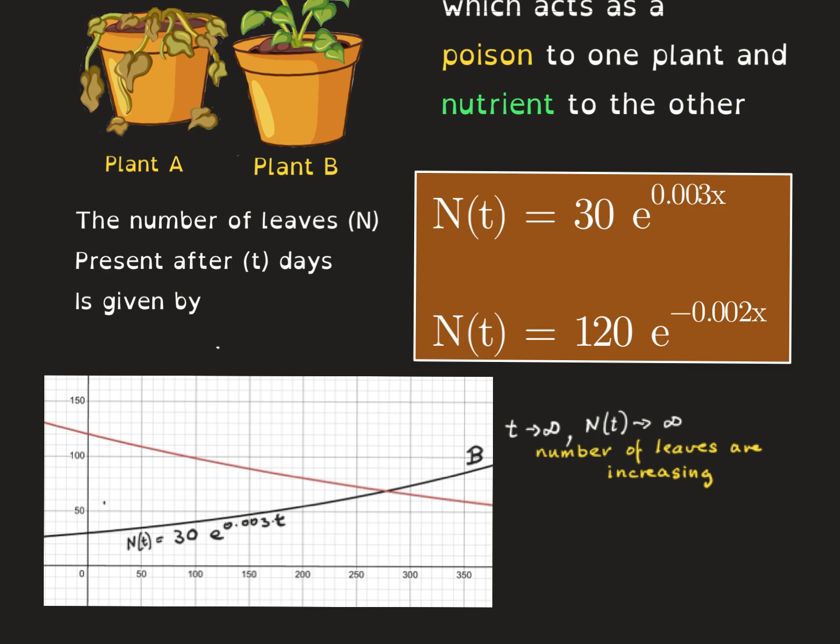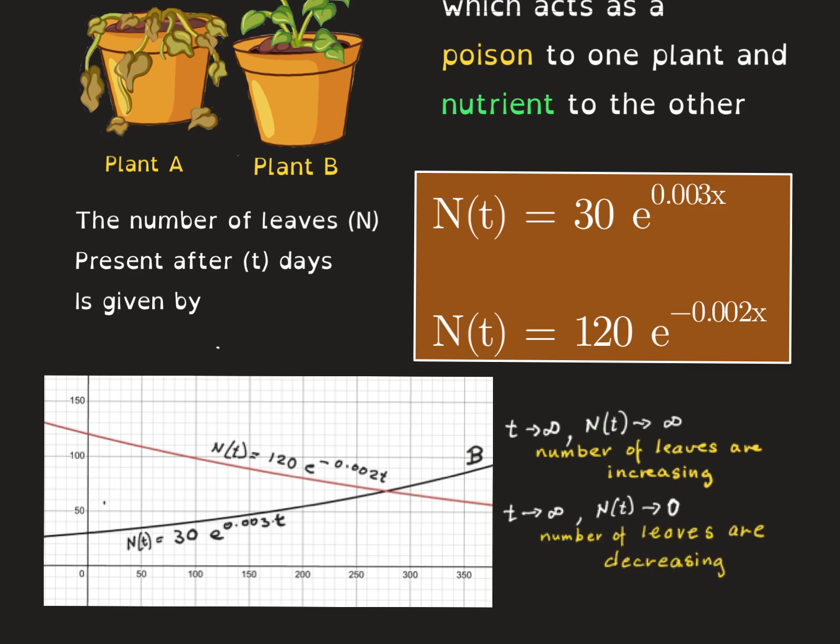The other exponential function is shown by the red line, and that will be N(t) equal to 120 e to the negative 0.002t. It shows you that when t goes to infinity, the number of leaves goes to 0, which means that the number of leaves is decreasing.